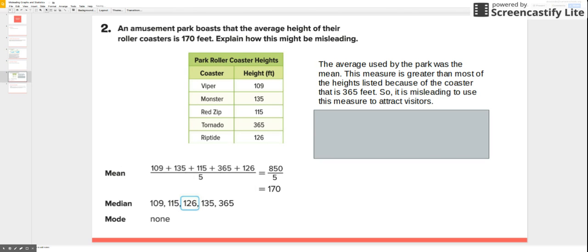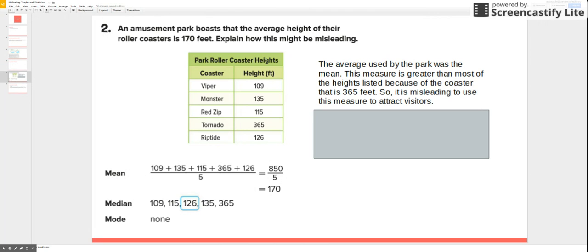So the average used by the park was the mean. This measure is actually greater than most of the heights listed because of the roller coaster that's 365 feet. See, this roller coaster is throwing off the average height for the rest of them. So it is misleading to use this measure to attract visitors.